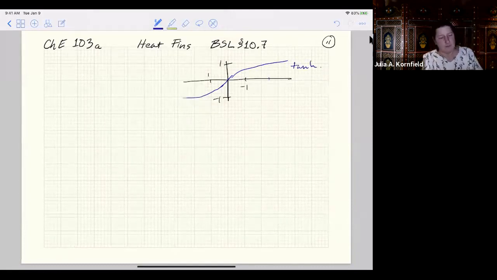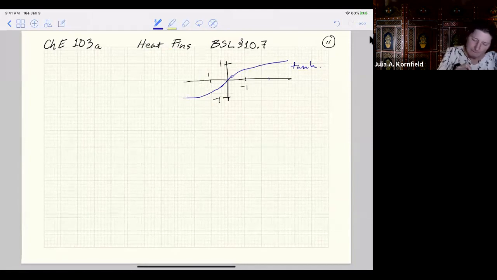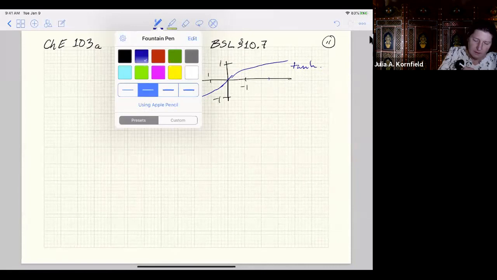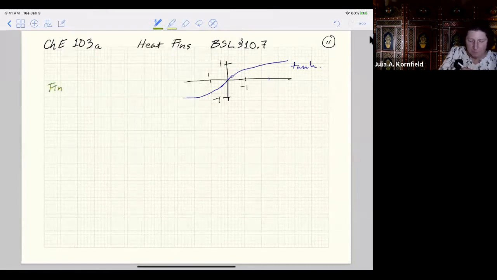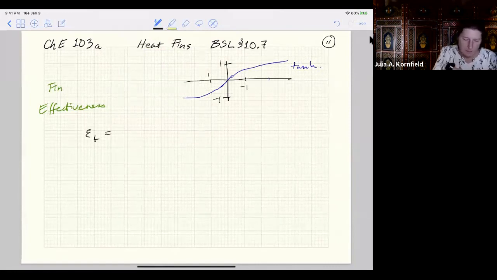Okay, so our fin effectiveness has the leading factor that is K over BH to the 1/2, and then we have this tanh.